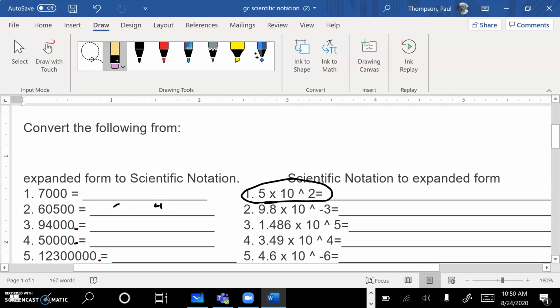Okay, let's do problem number 3. In this case, we have 94,000. So I'm going to move the decimal 1, 2, 3, 4. So the new number is 9.4.